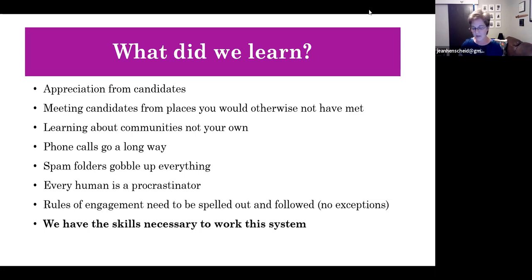So even though the pandemic was a horrific thing, it actually allowed us to really hit the ground running with Vote 411 and demonstrate what an important product it was, or service it was. Especially in this highly politicized time, the candidates felt comfortable sharing their information with a nonpartisan group.